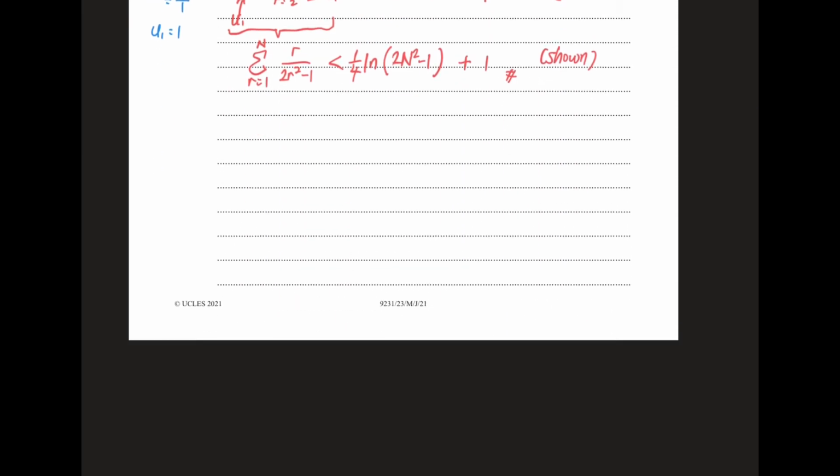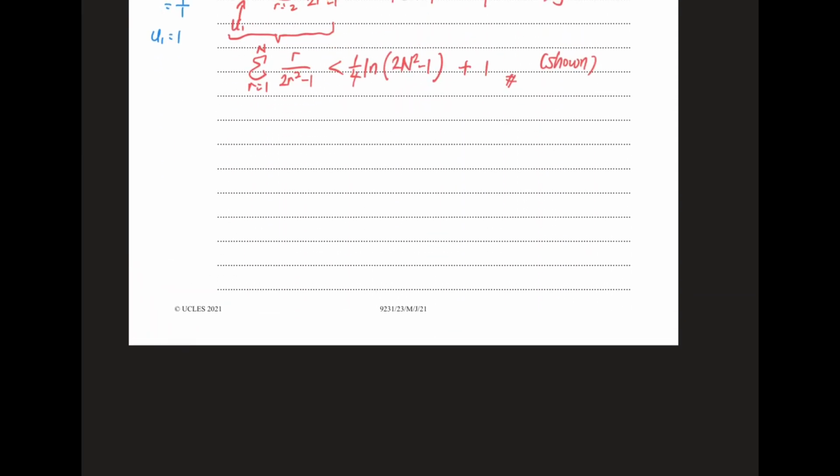Now let's move on. Next page. Part B: use a similar method to find, in terms of n, a lower bound for the summation. In order to find the lower bound of the summation, we need to consider the same graph again.